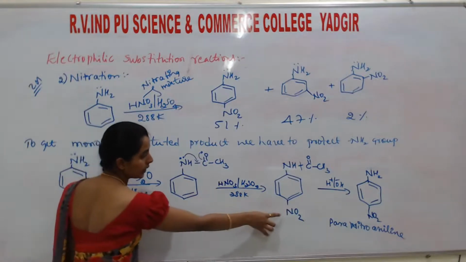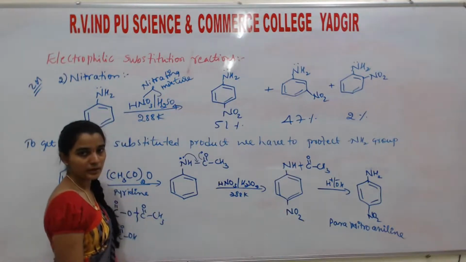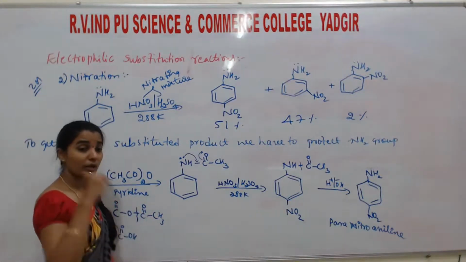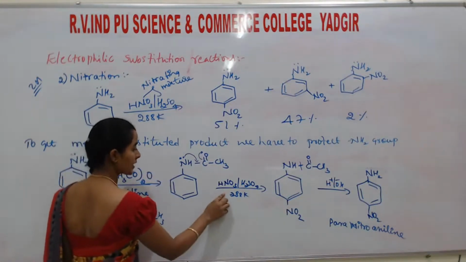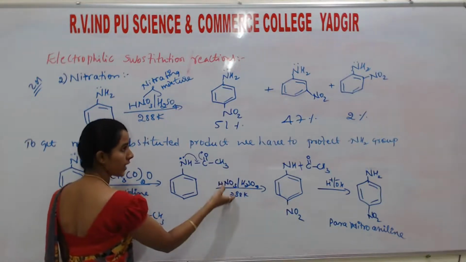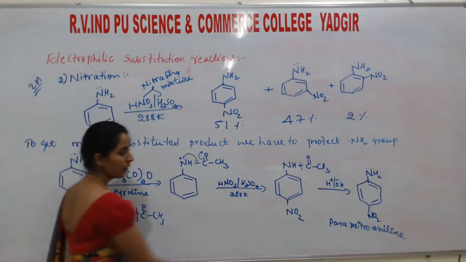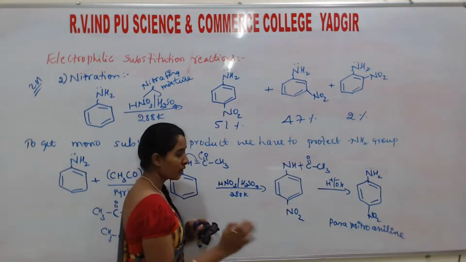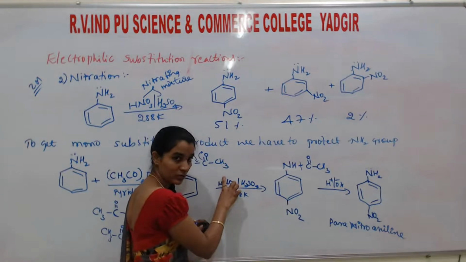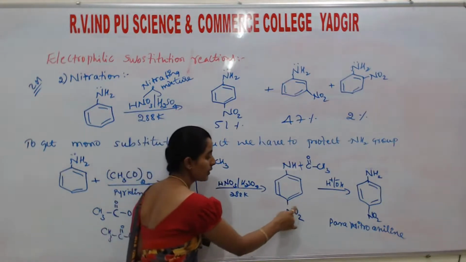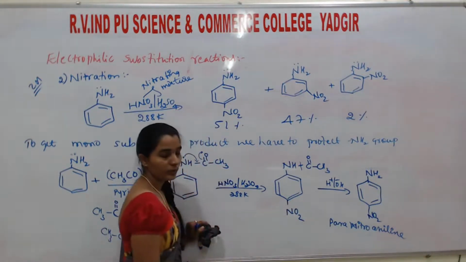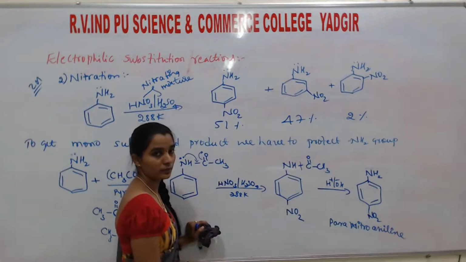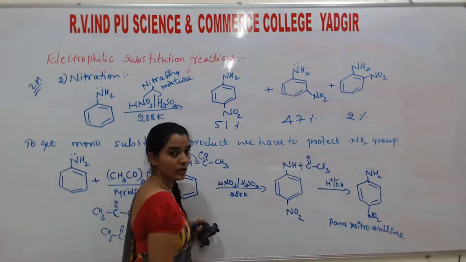Chlorination, para-chloroaniline. Sulfonation, para-sulfonyl aniline. Whatever the reaction we conduct here, with acetic anhydride, we will get the para product. We don't bother about what reaction is taking place here, students. The only thing is they form NO2, so they give majorly the para product. Understand? So this is the reaction.